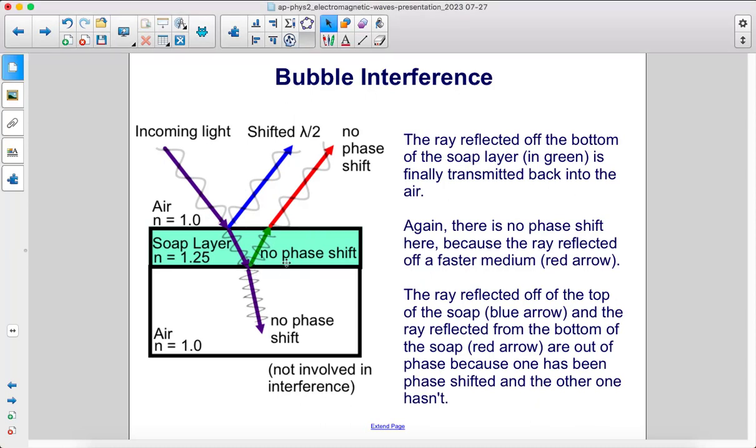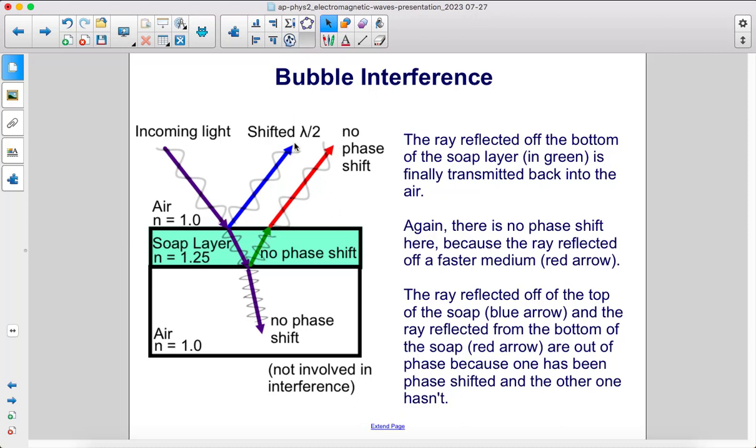The ray reflected off the bottom of the soap layer is finally transmitted back into the air. But again, there is no phase shift because this reflected ray bounced off of a faster medium, and there's never a phase shift when you're transmitting straight through.